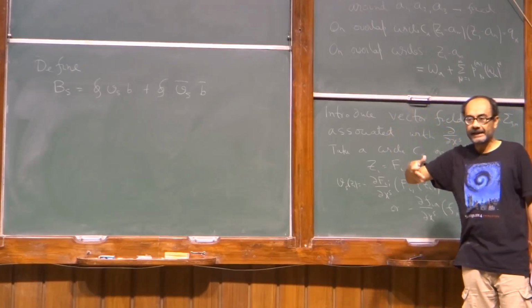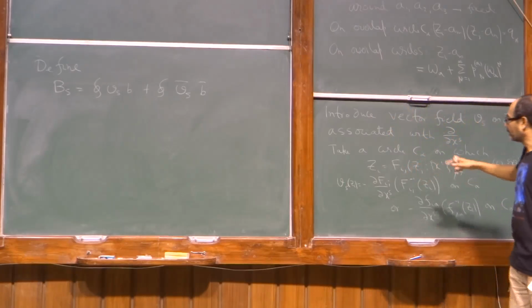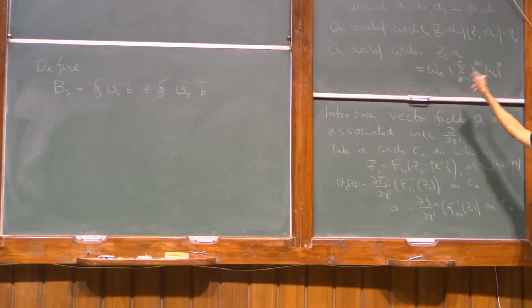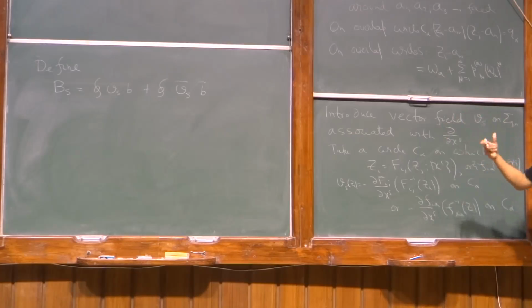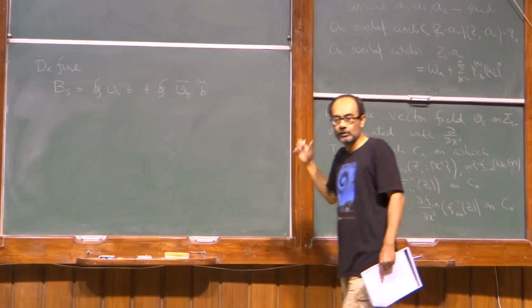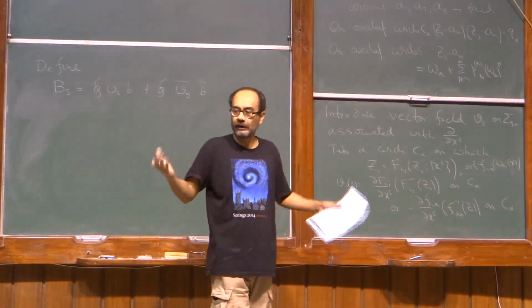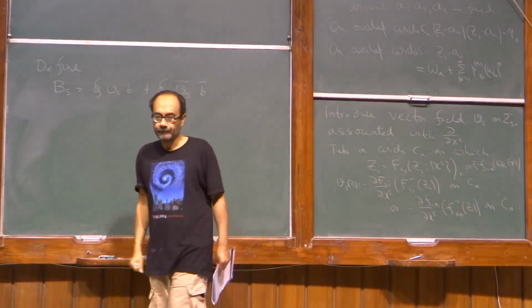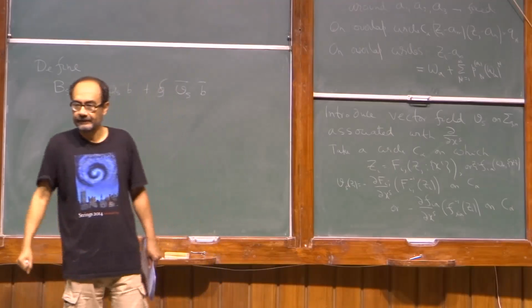When you take del del q alpha, only one of the Fi's will depend on q alpha, others don't depend on it. Then Vs will have support only on that circle. But that's a special case; it's not necessary. You can introduce the coordinates in such a way that all the Fi's depend on all the x's. That's the general case.